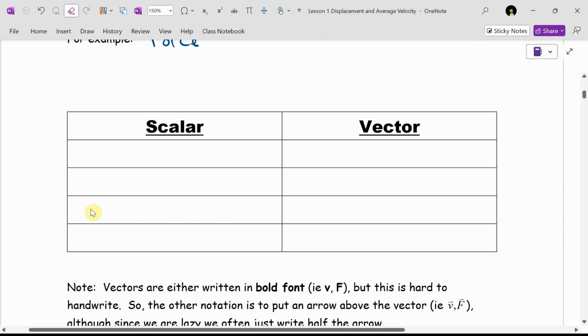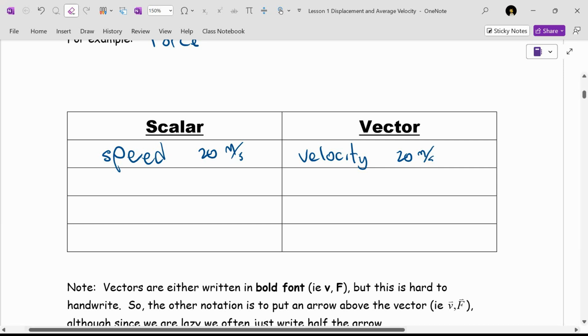Some examples. Scalar: speed is a scalar, 20 meters per second. There is a vector version of speed. Velocity is a vector.